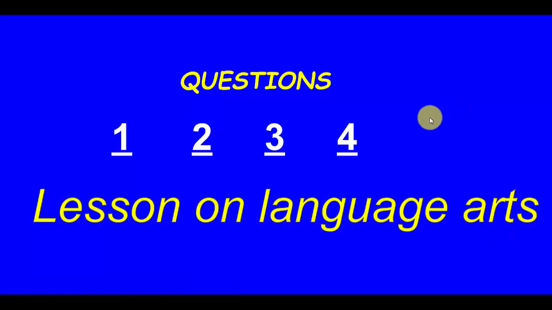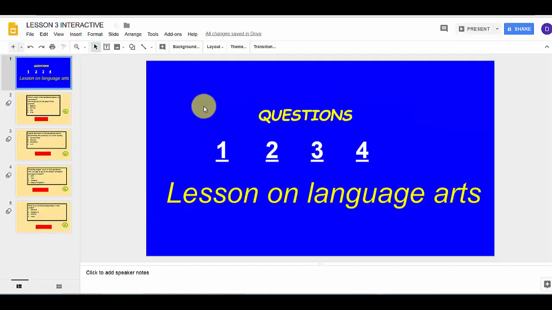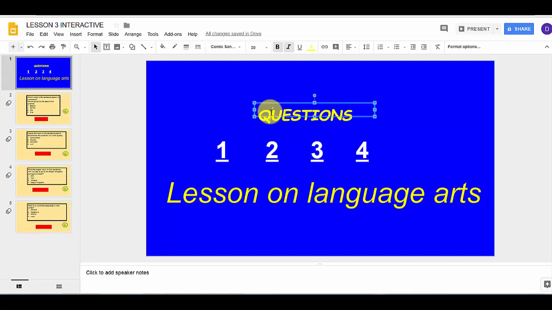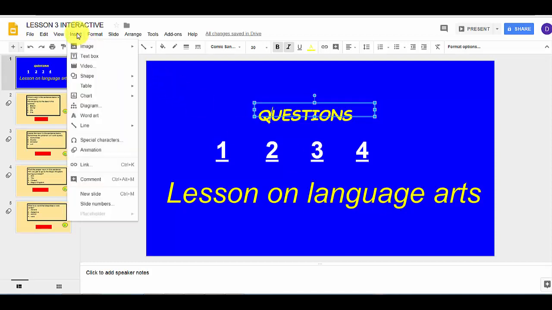Okay, I'm going to stop this, and then let's break down the first slide, the main slide, and see exactly how that comes about. All we did was type in our question here, what it was, lesson on language arts. Now, lesson on language arts, I went to insert word art, and I just simply typed that in.